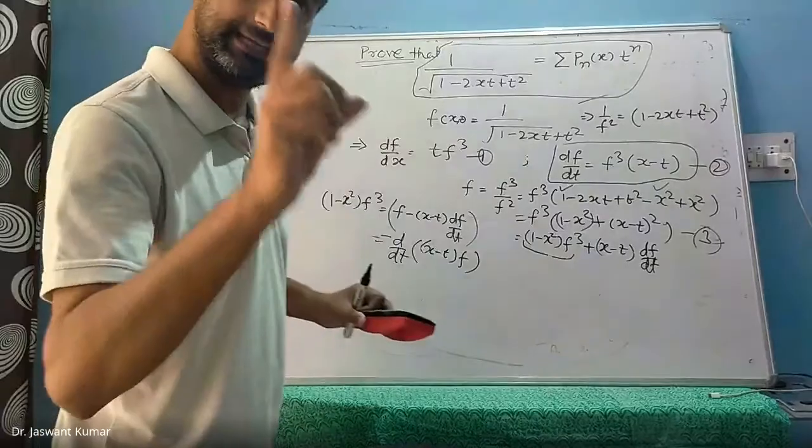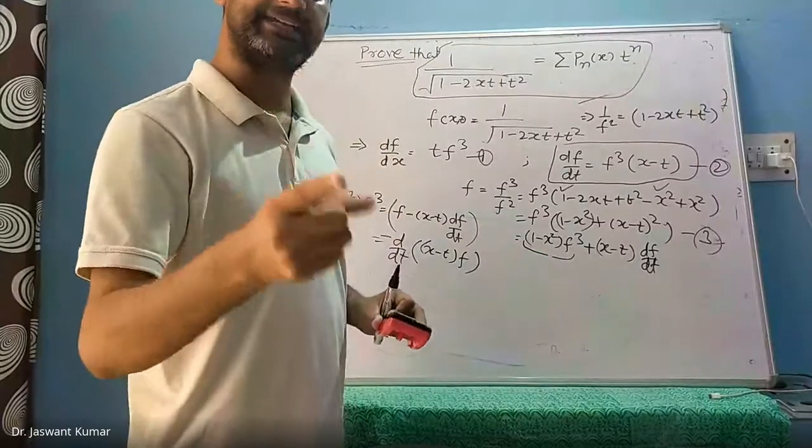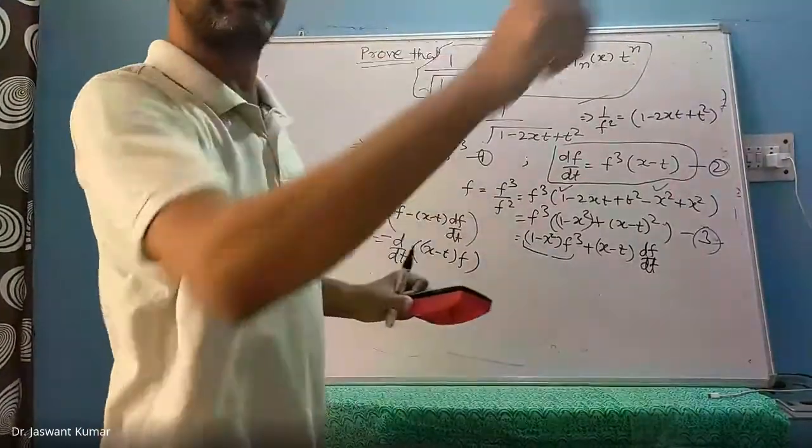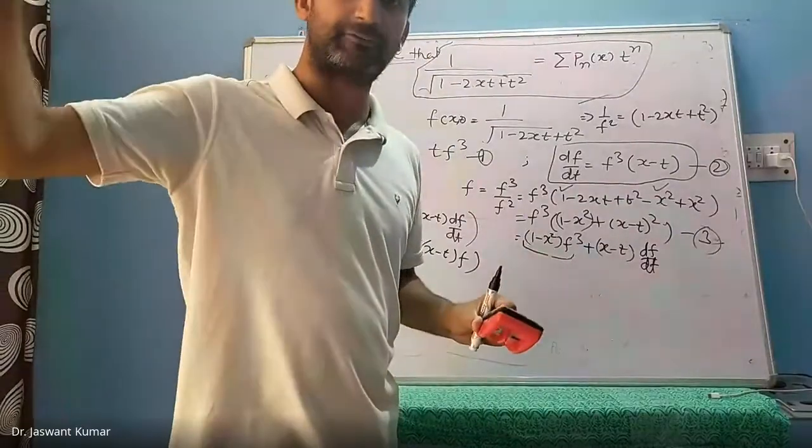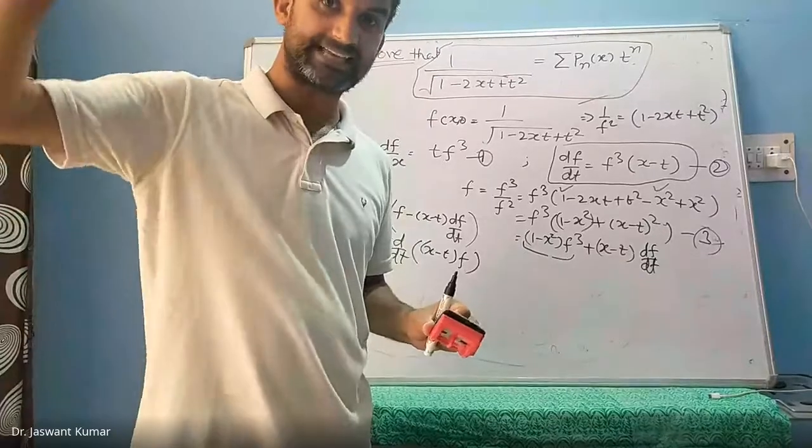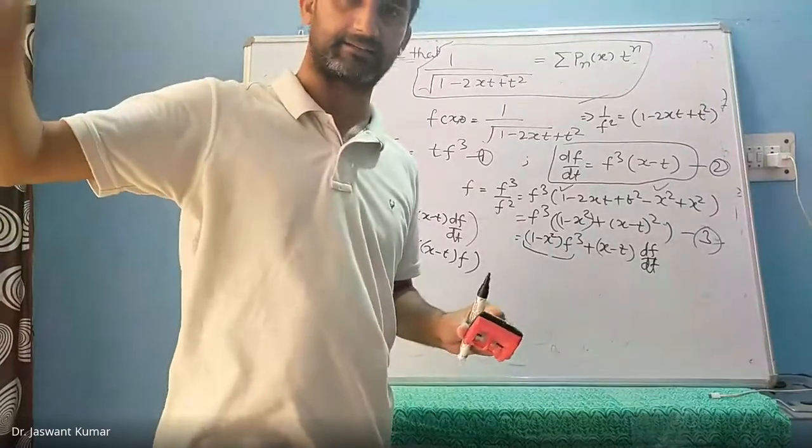Why are we converting this in the form of f? We want to get that differential equation. We are interested in getting the Legendre equation, which is d by dx of 1 minus x square PL dash of x, in fact.